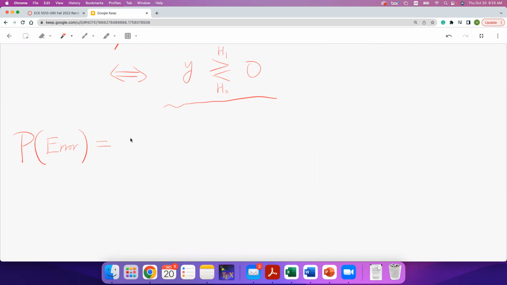Last time we mentioned how to calculate that. We need to divide it into two complementary cases.